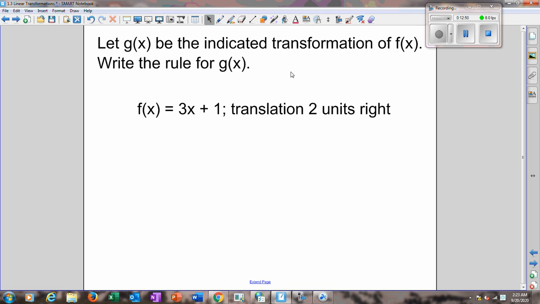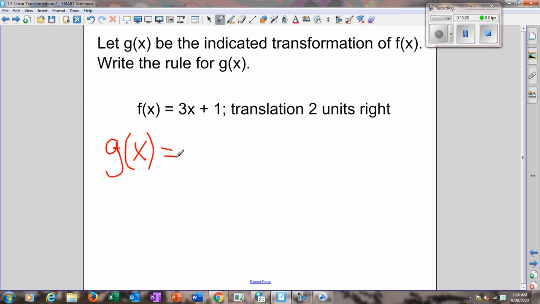Let g of x be the indicated transformation of f of x. Write the rule for g of x. So we have 3x plus 1 translated 2 units to the right. So if I'm writing g of x, g of x equals, now if you remember from our translations, going right is going to be subtraction, and it's going to be inside some parentheses.